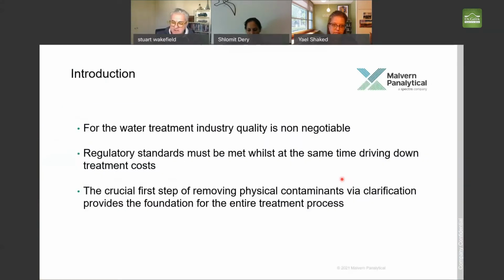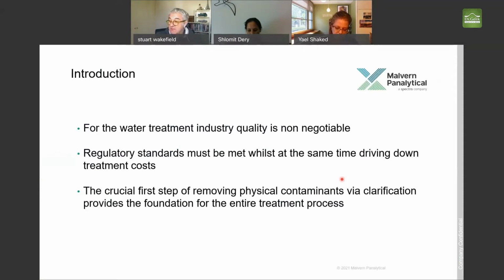So generally speaking, for the water treatment industry, the quality of water is just not negotiable. If we're not delivering quality water, we are potentially causing huge problems to the population, affecting people's health, and so on.